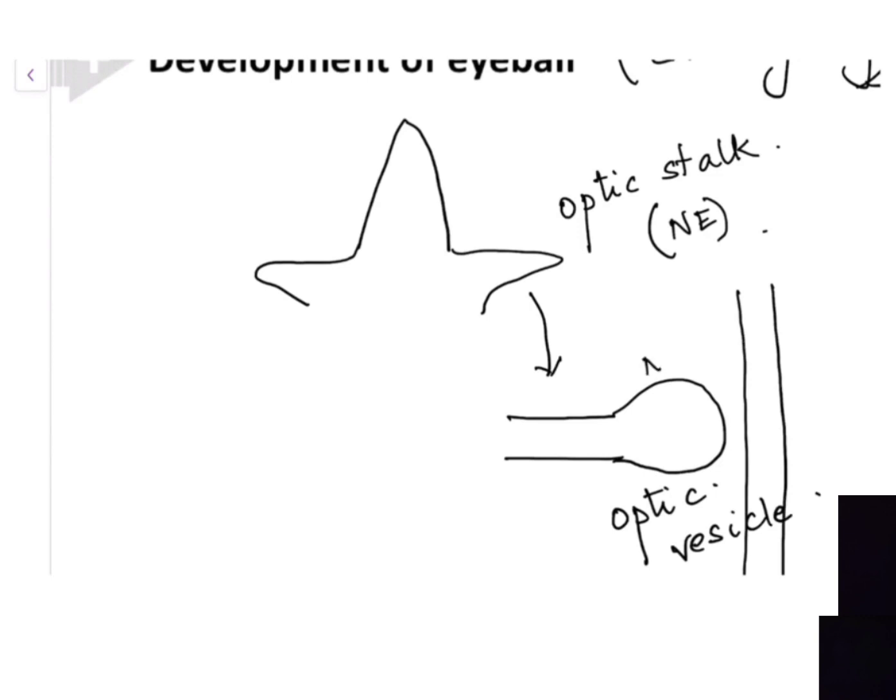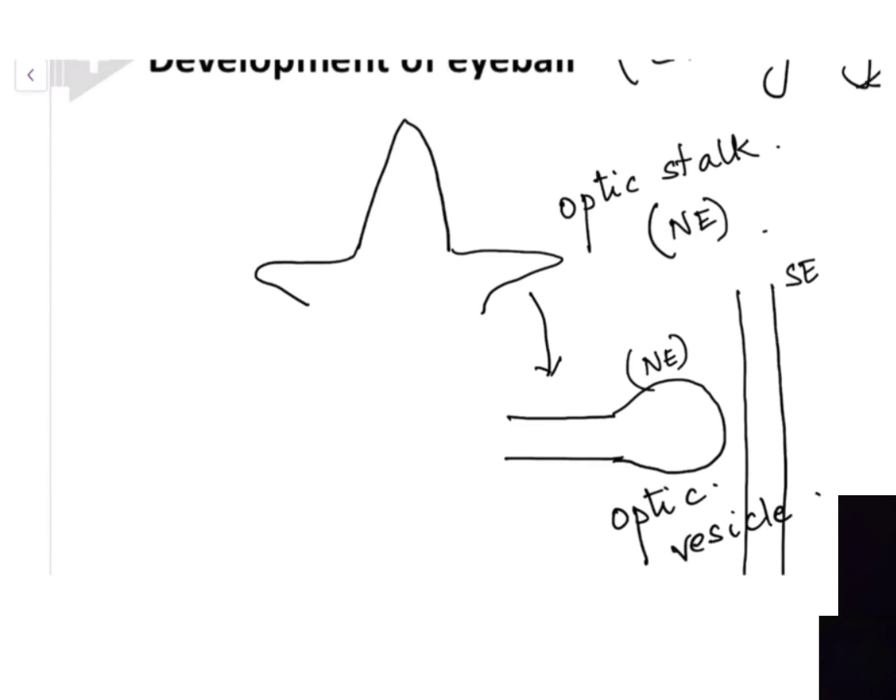So this is neuroectoderm, and from outside, this surface ectoderm is growing from outside inwards, and this optic stalk is going from inside outwards. So at a certain point they meet, and this surface ectoderm and this neuroectoderm come in contact. And then the process of development is taken forward.